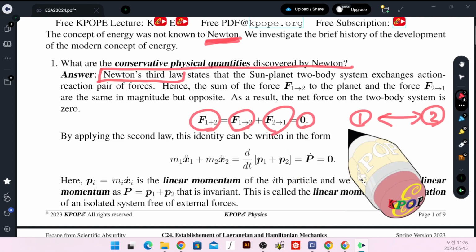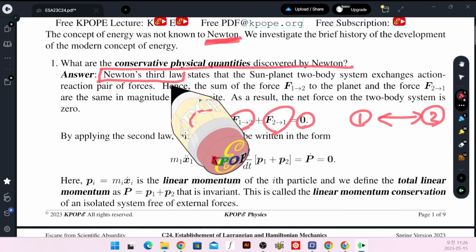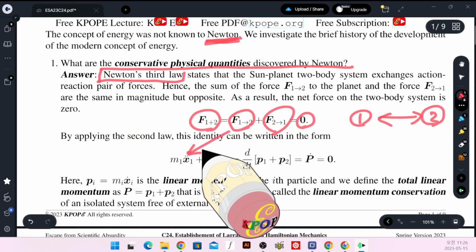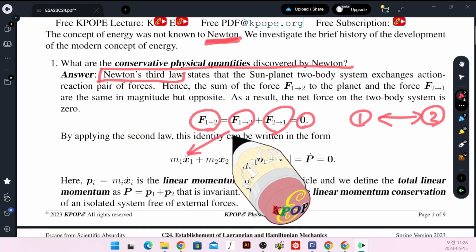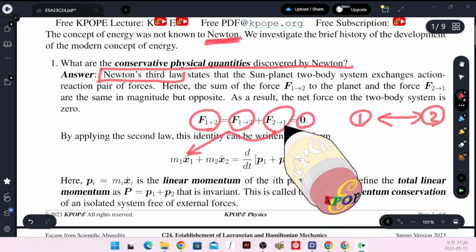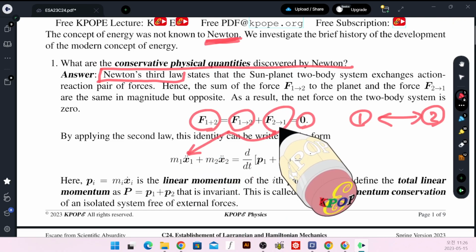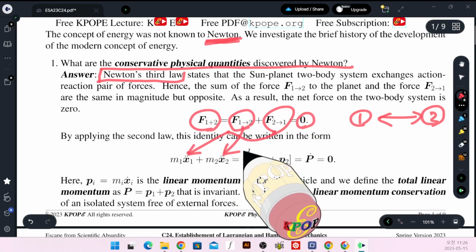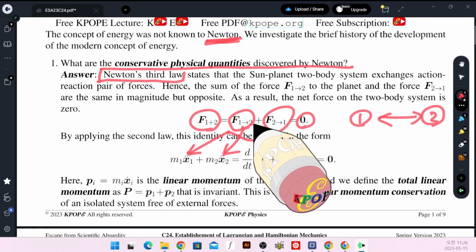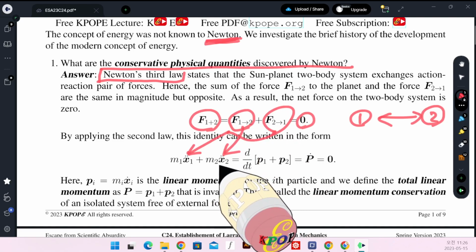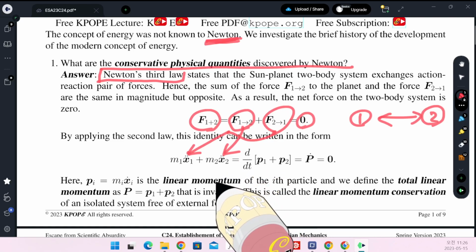From which we apply Newton's second law: the force applied to particle 1 is the mass times the acceleration of particle 1. The force applied to particle 2 by particle 1 is m2 multiplied by the acceleration of particle 2.